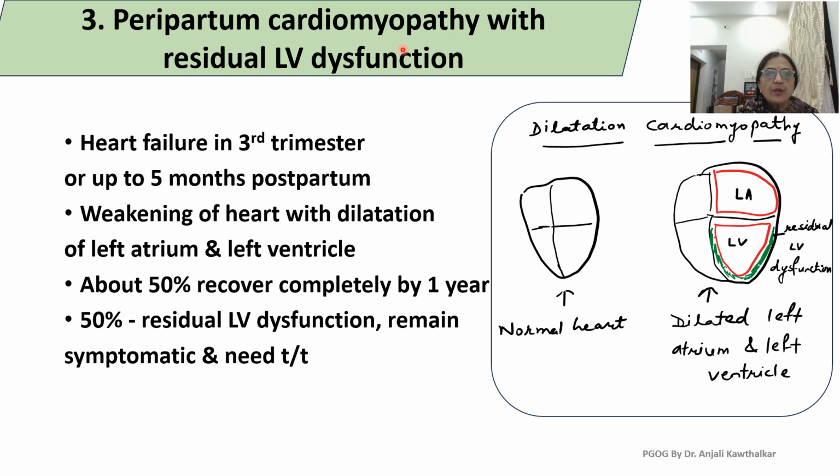Third is peripartum cardiomyopathy with residual left ventricular dysfunction. Heart failure is seen in some women in the third trimester, especially the last month of pregnancy, or up to 5 months postpartum, because of this peripartum cardiomyopathy. With it, there is a weakening of the heart with dilatation of the left atrium and left ventricle. As this is the normal heart, what is happening with peripartum cardiomyopathy is a dilatation cardiomyopathy.